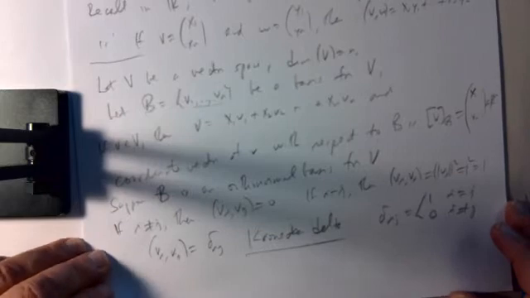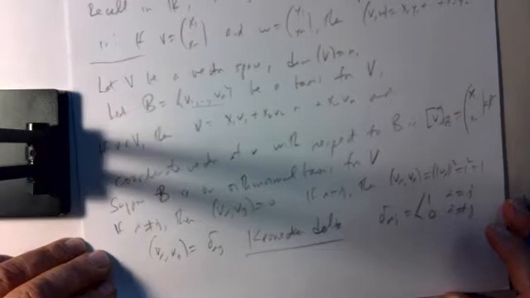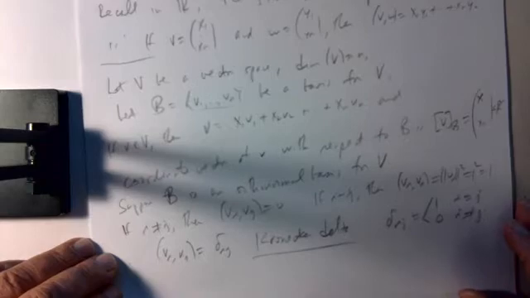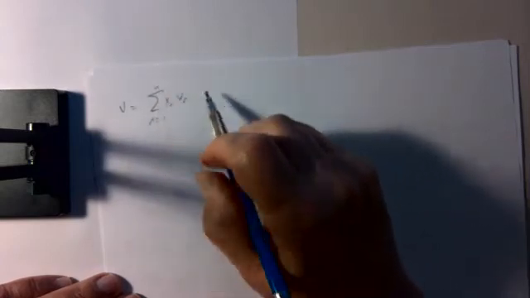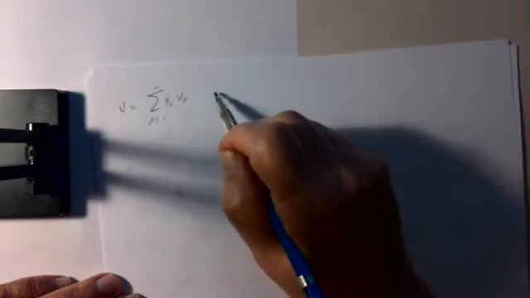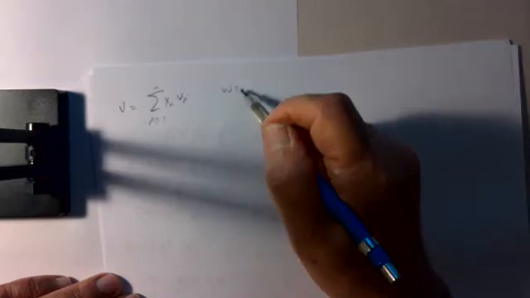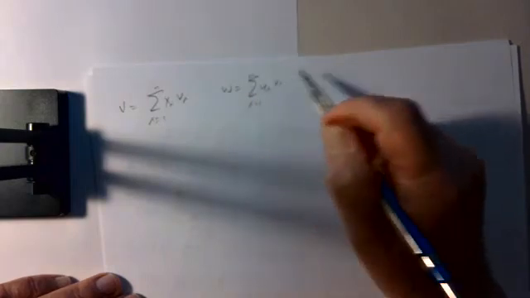And in the case of a vector space with an orthonormal basis, the inner product reduces to the standard inner product in Rn, the sum of the coordinates. And the calculation is very simple. So suppose V is the summation of xi vi, i goes from 1 up to n, and W is the summation of yi vi, i goes from 1 up to n.